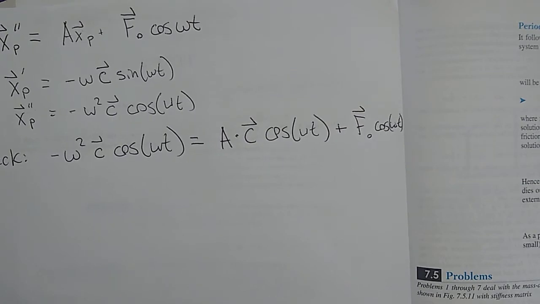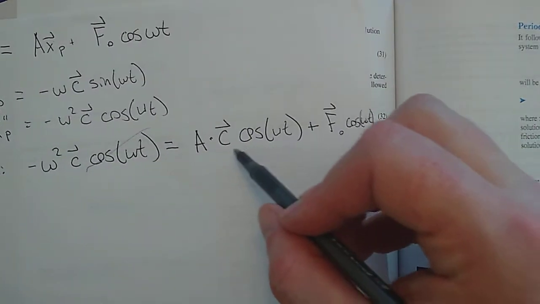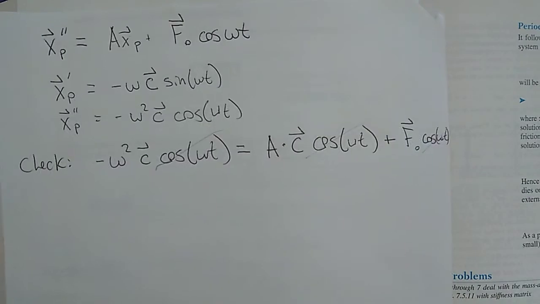Everything has a cosine omega t on it, so cancel, cancel, cancel.